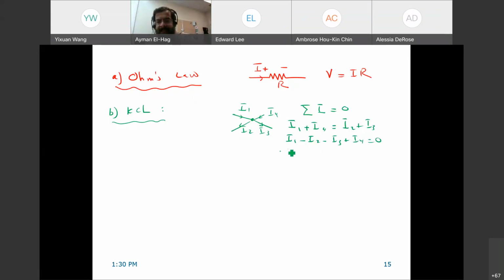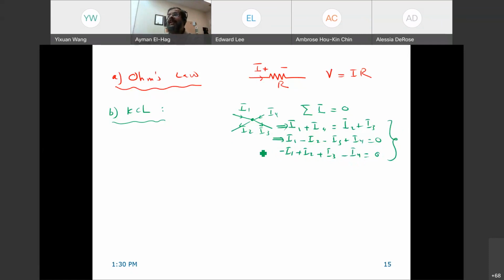So I can say minus I1 plus I2 plus I3 minus I4 equal to 0. You can clearly see that all these will lead to the same thing. Usually we use this or this. We don't use this much, this convention, but it's up to you.